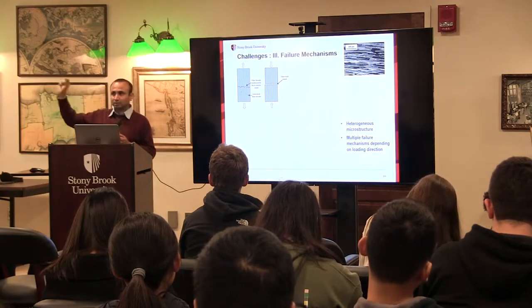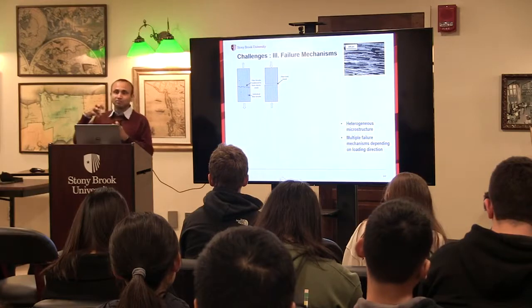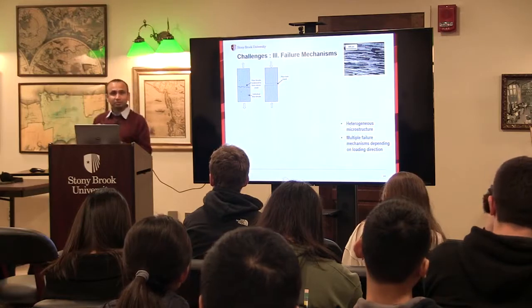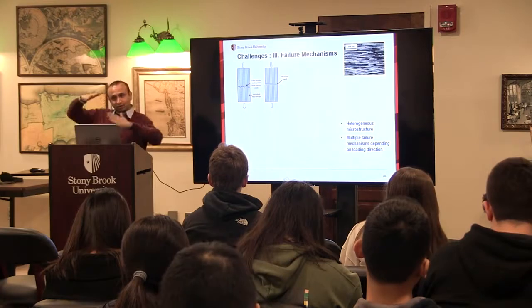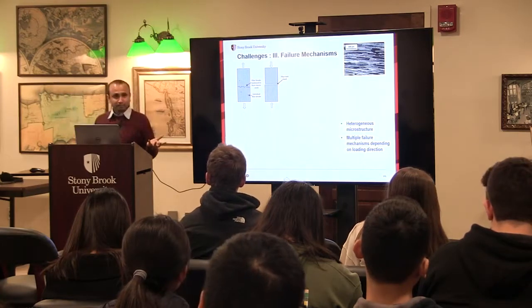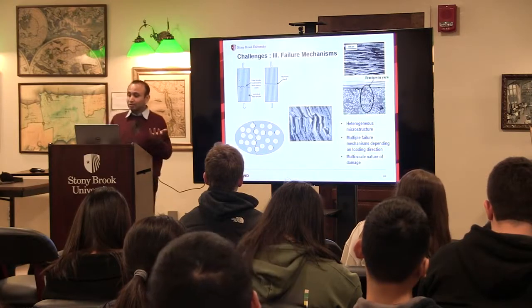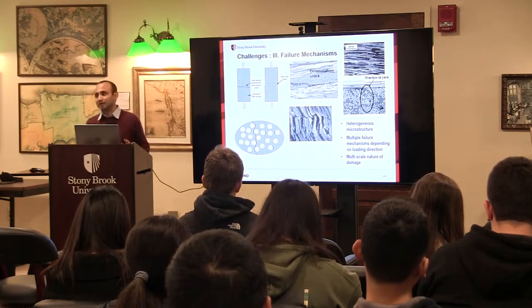On the other hand, if you compress it, the fibers will buckle locally, because these are long and slender structures. Under shear, it is completely different. Under shearing, the matrix will break, and so on. So depending on the direction of loading, you have many different failure mechanisms possible.